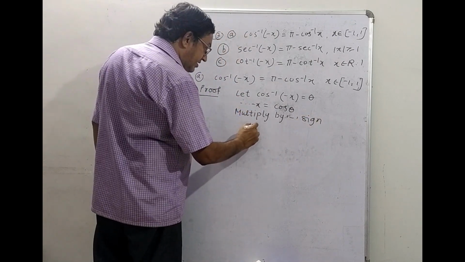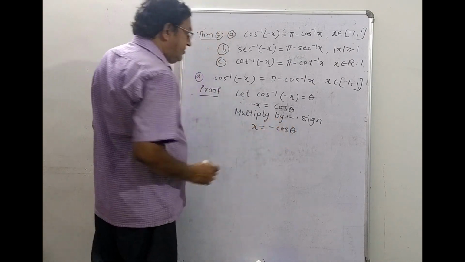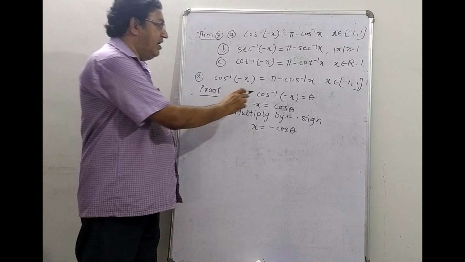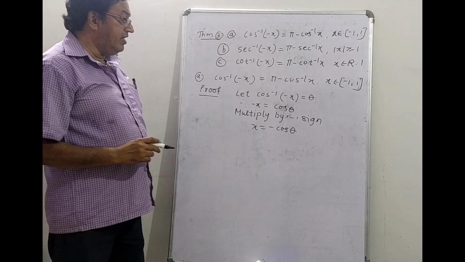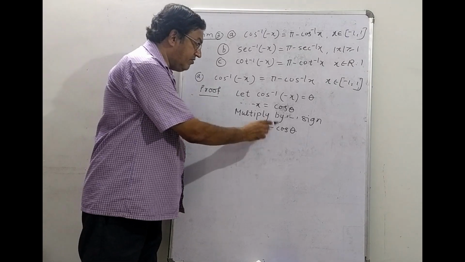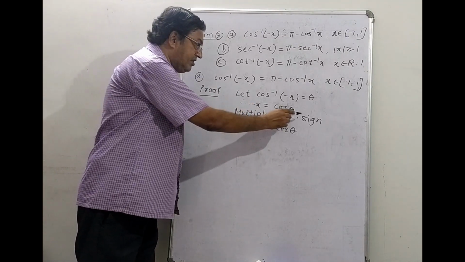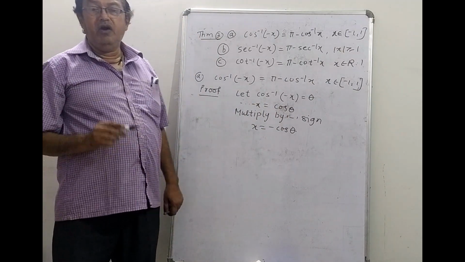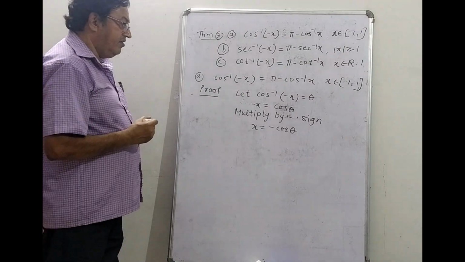So x is equal to minus cos theta. Either you can write directly x is equal to minus cos theta, or you can add one step, multiply by minus sign, if you want to avoid confusion.